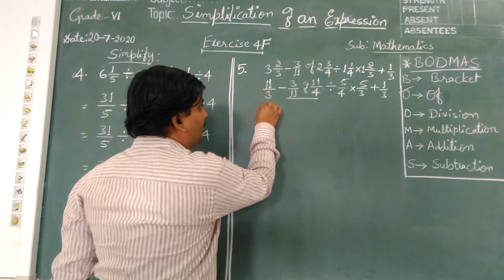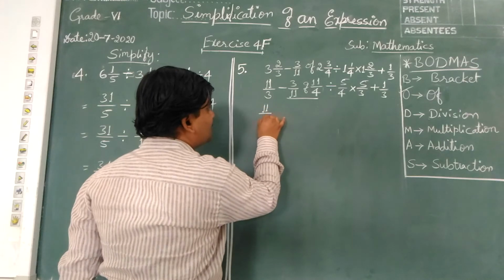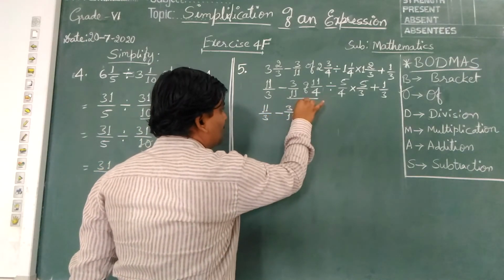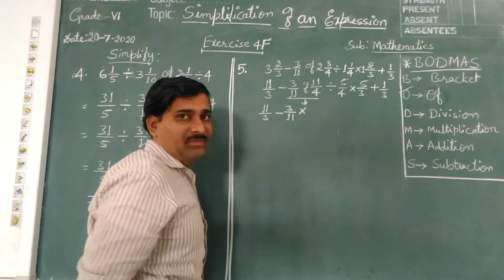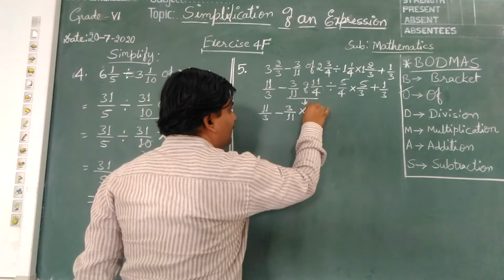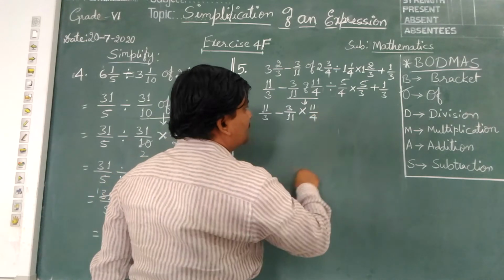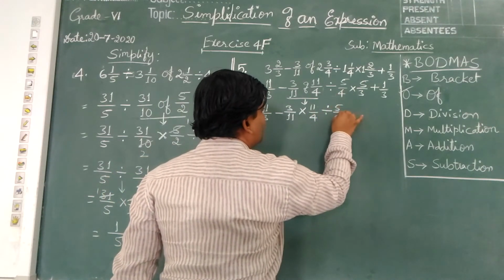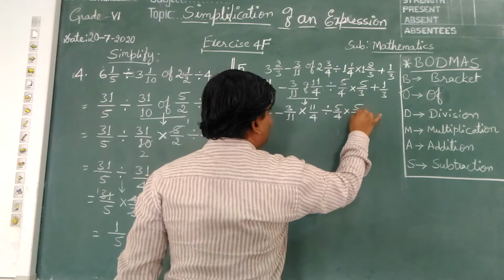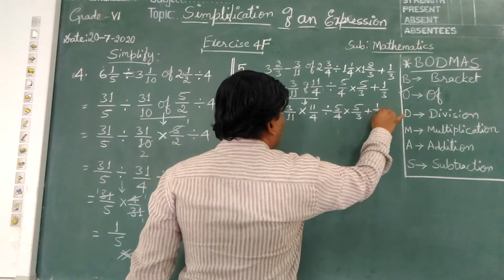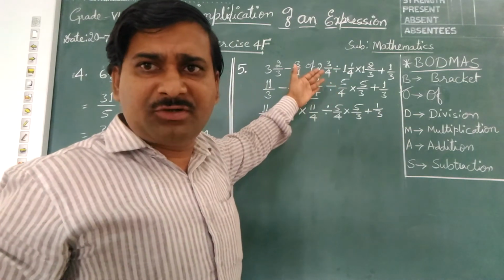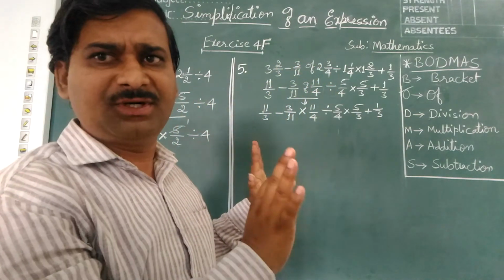So 11 by 3 is kept as it is. Minus 3 by 11. As I said, children, of means multiplication. 11 by 4. Then divided by 5 by 4 into 5 by 3. All the numbers in the previous steps should be copied as they are. Don't change anything.